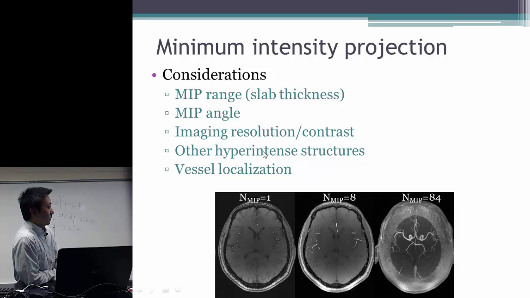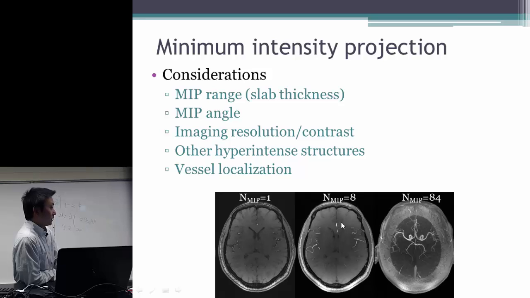Other hyperintense structures, as in here the scalp, because fat has a short T1, will have a higher signal in this kind of T1 weighted images. So if we use too thick a slab, it will interfere with the final results.